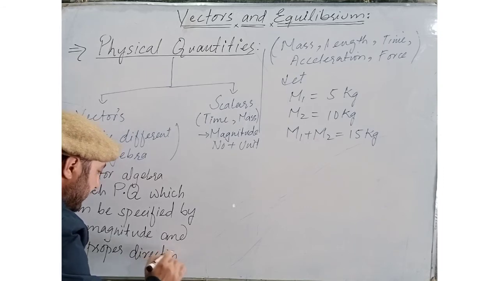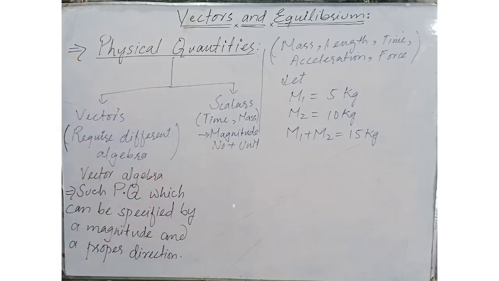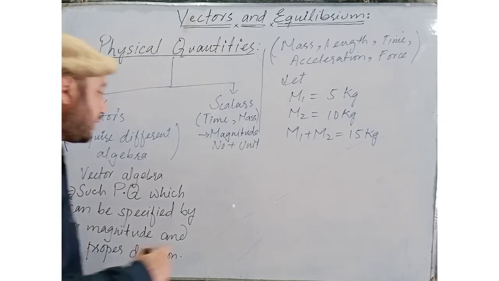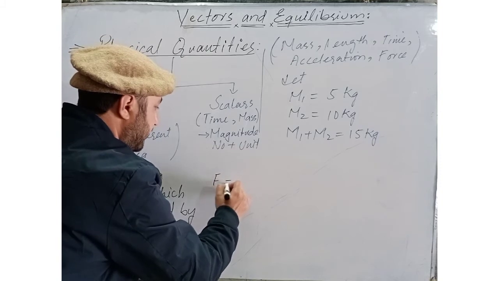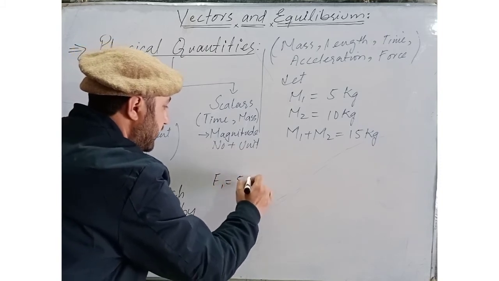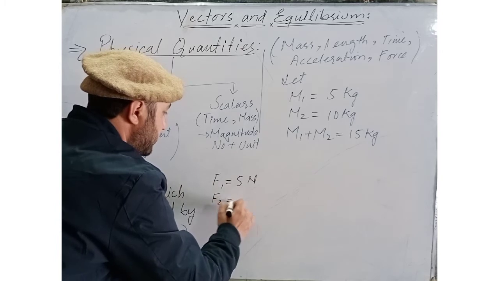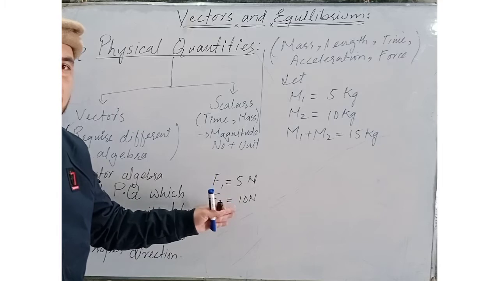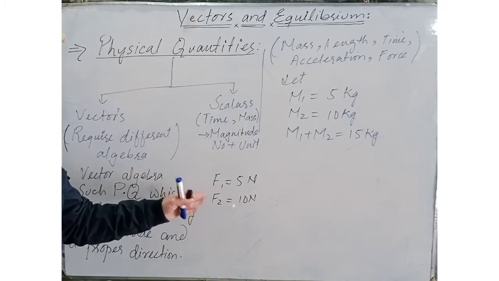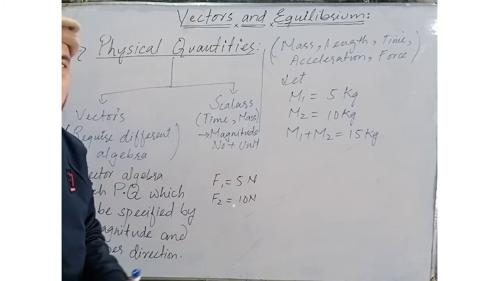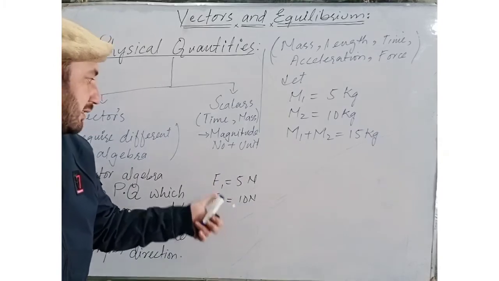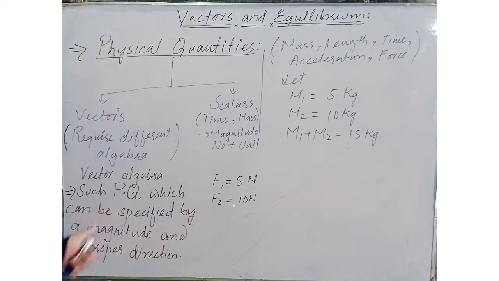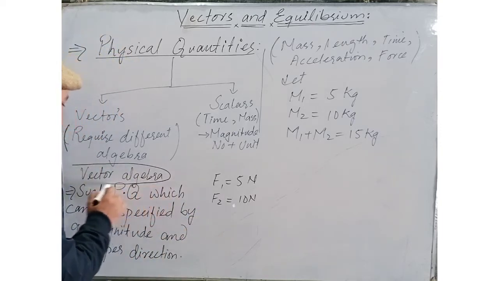So that's why these quantities can't be operated using ordinary algebra. Like if you want to add two forces, let's say that the first one is 5 Newton and the second one is 10 Newton, you cannot be sure whether the result will be 15, 10 or 5, because you must include the sense of direction in order to operate such physical quantities, right? And for that we need a separate algebra, and that is what we call vector algebra.